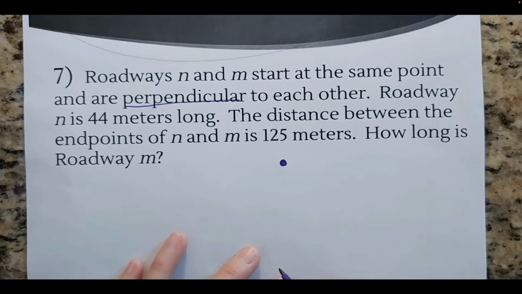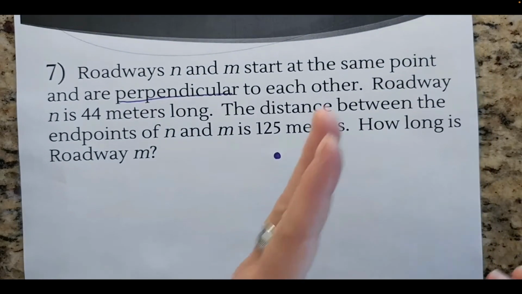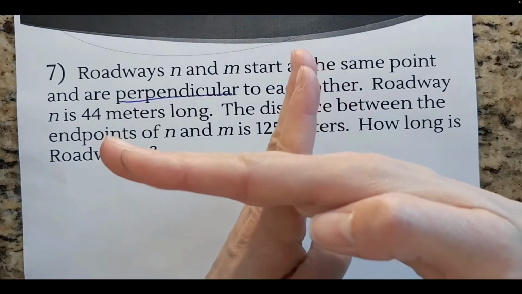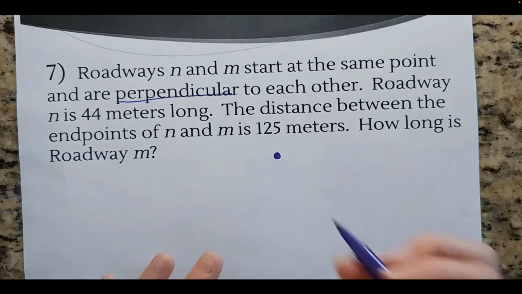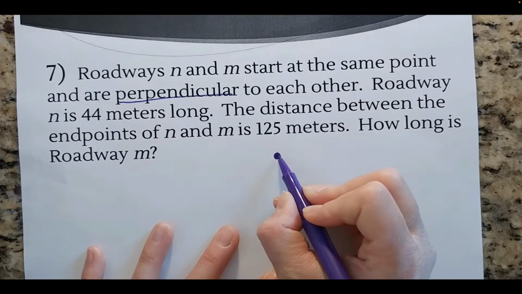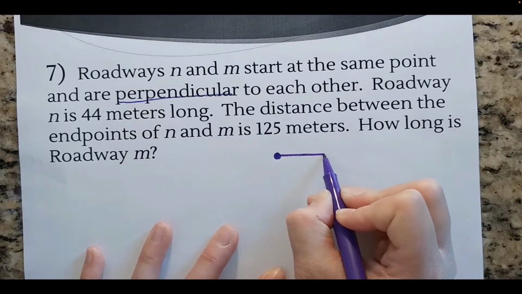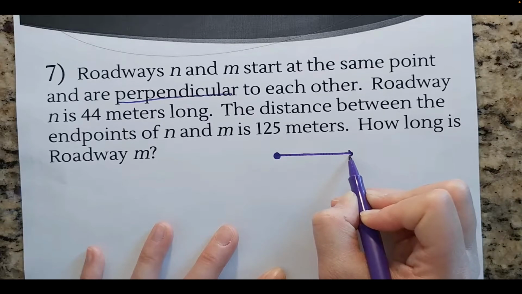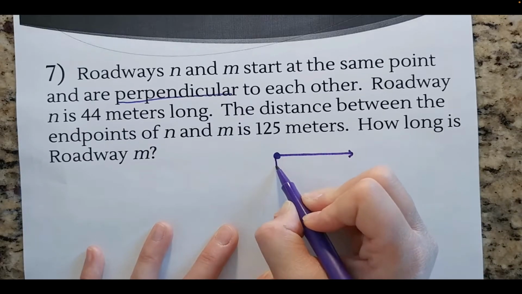We know that perpendicular means that two lines are going to cross each other at exactly a 90-degree angle. So if they start at the same point, they need to make a 90-degree angle. So maybe here I have roadway N going this direction, and roadway M could go this direction.